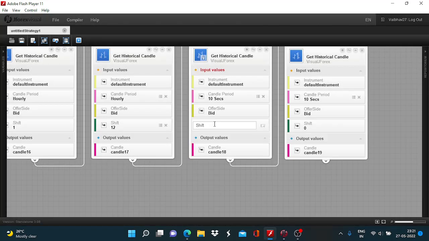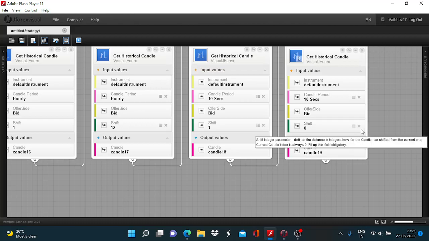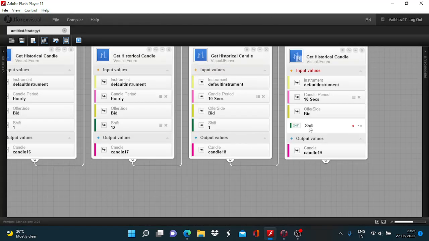Look back period of 1 and 2 respectively. All right.